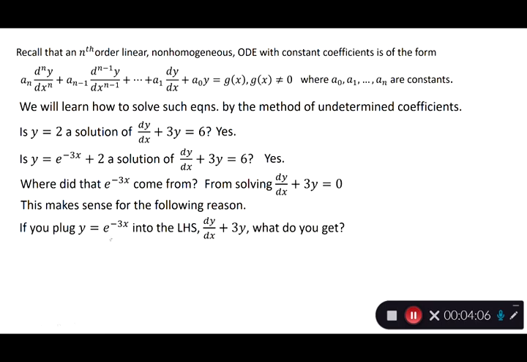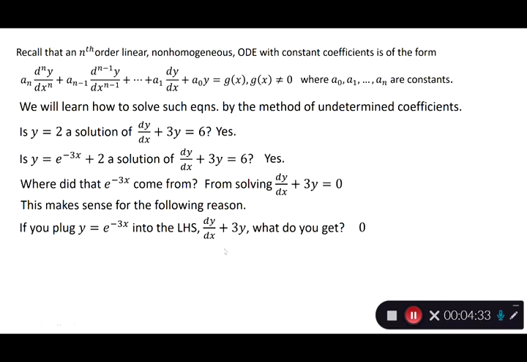if we plug y equals e to the negative 3x into the left-hand side of the differential equation, what do we get? Any ideas? It has to be 0, because that is the solution of the corresponding homogeneous equation. If I'm claiming that e to the negative 3x is a solution of this homogeneous equation, that means if I plug e to the negative 3x in for y, I must get 0.